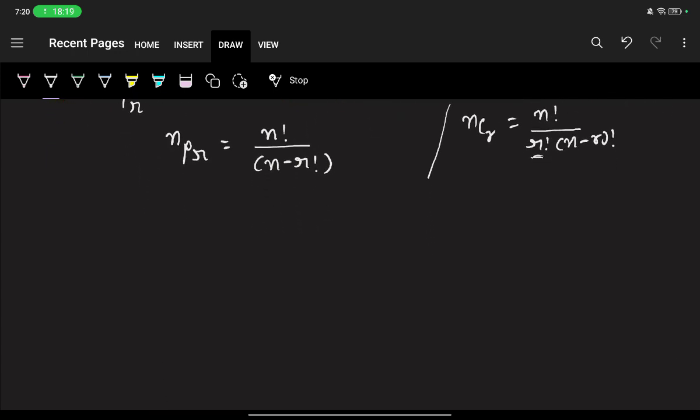Now, what's the relationship between permutation and combination?